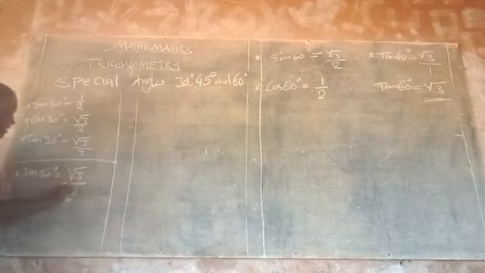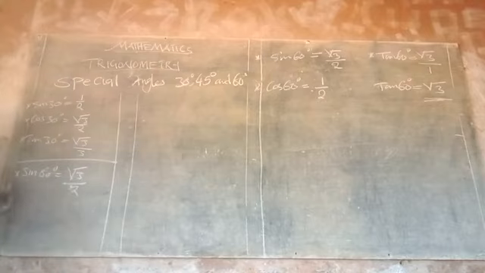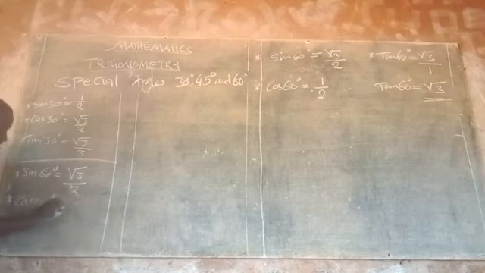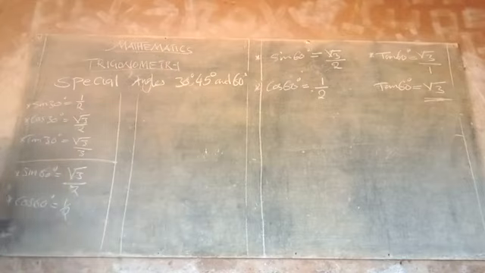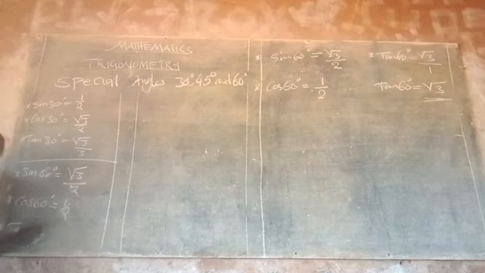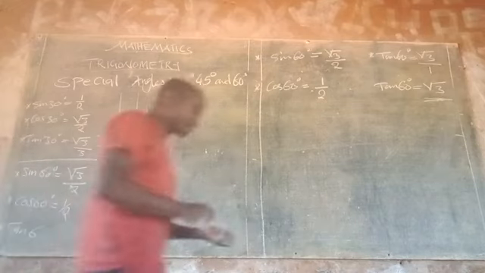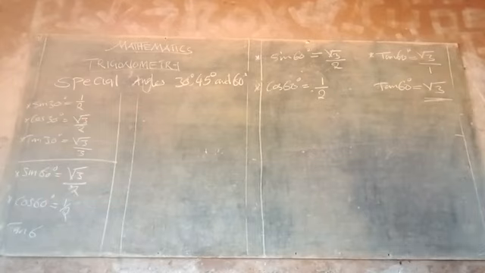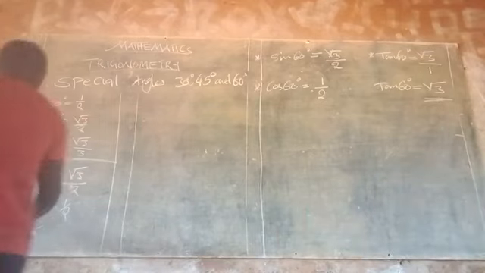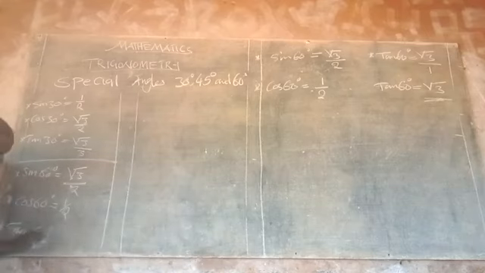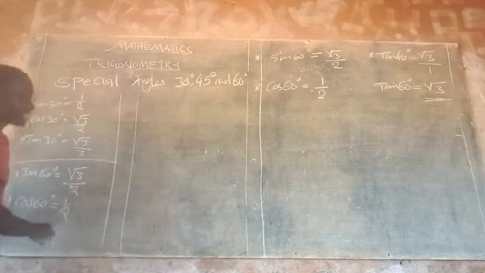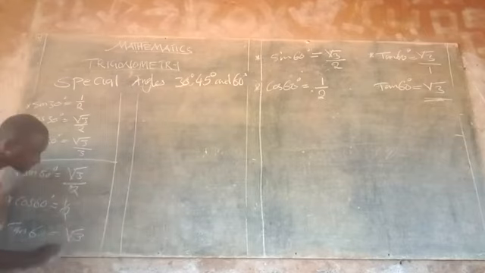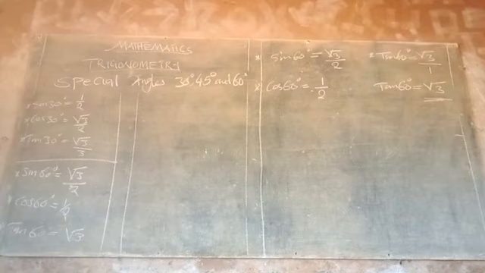Then cos 60 degrees is simply 1 over 2. Then tan 60 degrees, this is simply root of 3. So make sure that you know these things.